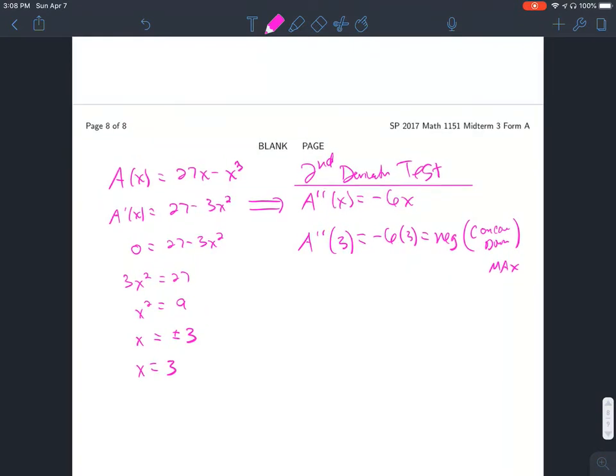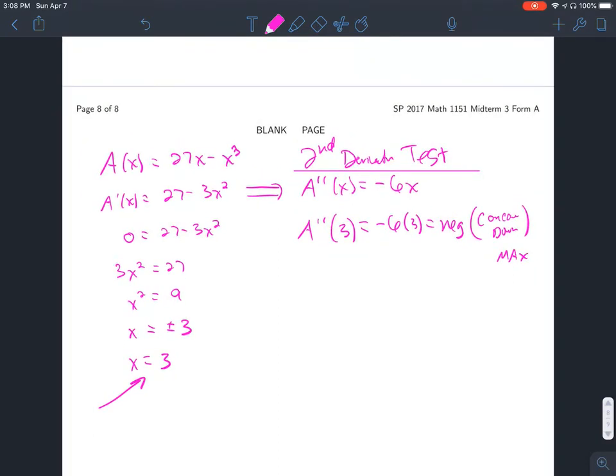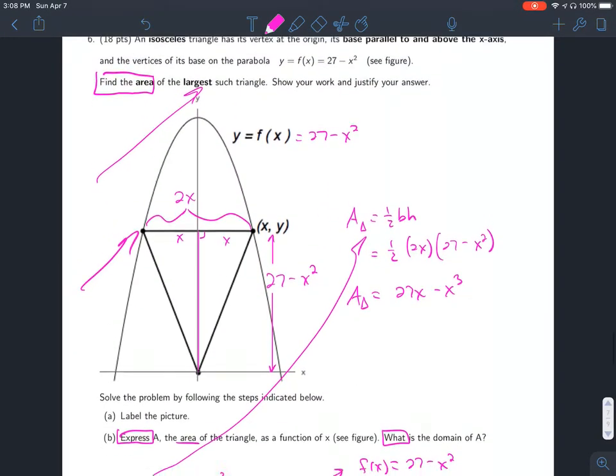So we haven't fully answered the question, but what we do know now is that the 3 is the x value we're going to use to find the maximum area of this triangle. So the question actually was, what is the largest area?